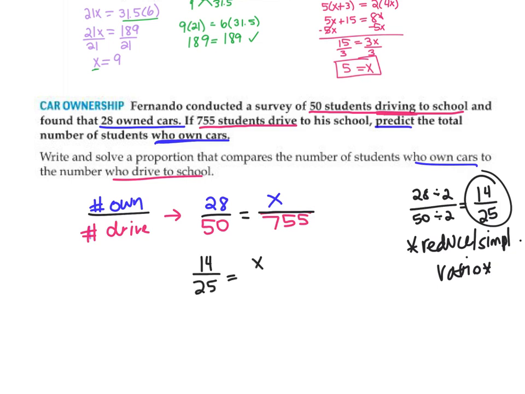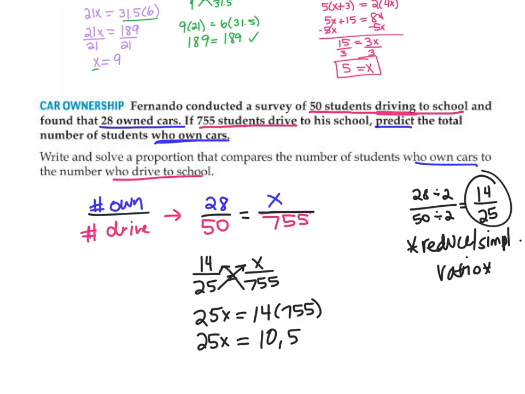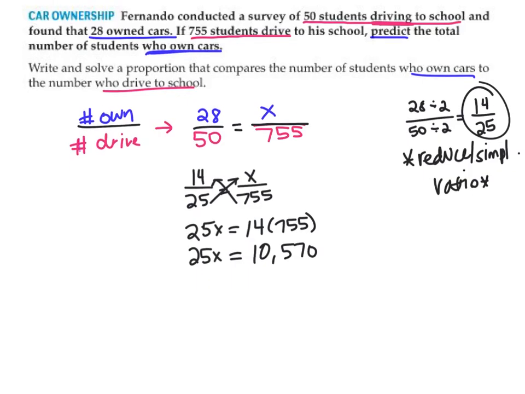Now I just need to solve for x. So we cross multiply: 25x equals 14 times 755. When you simplify that out, you're going to get a total of 10,570.